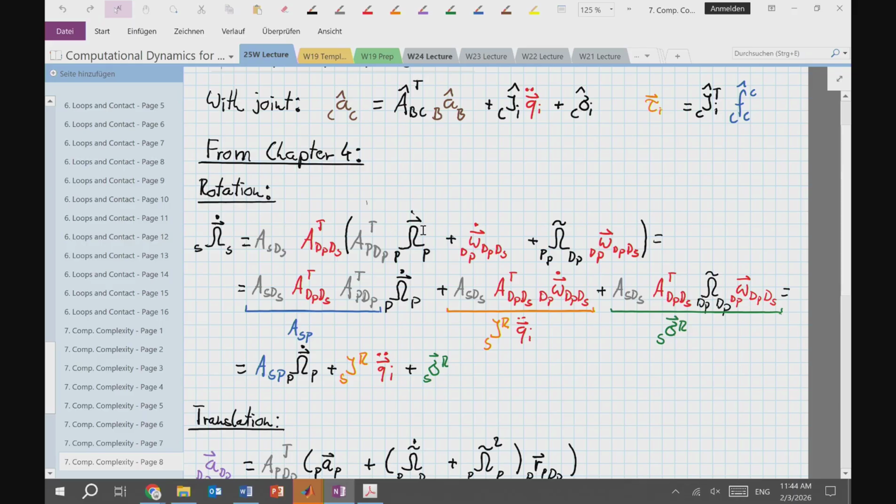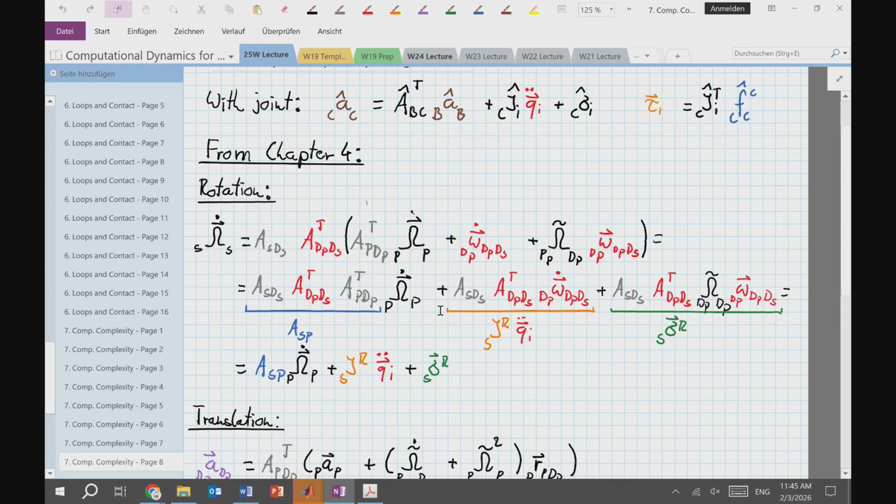The acceleration of the predecessor body, the angular acceleration across the joint, and some bias acceleration that basically came from the fact that my joint may be moving with constant rotational velocity, and the predecessor is moving as well, which means that the rotation axis is shifted around, which results in an angular acceleration.